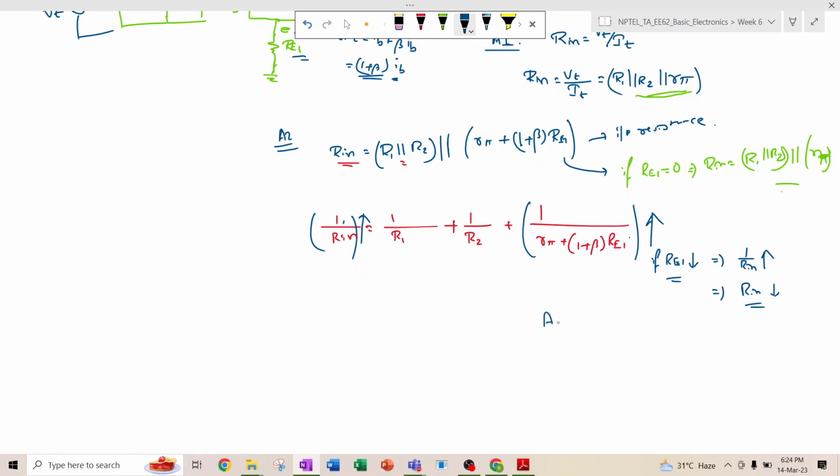So we can say for A1, Rin is less than A2. In other words, for A2, Rin is more than Rin of A1. So in case of A2 the input resistance is increasing.